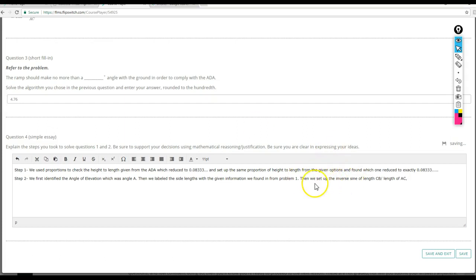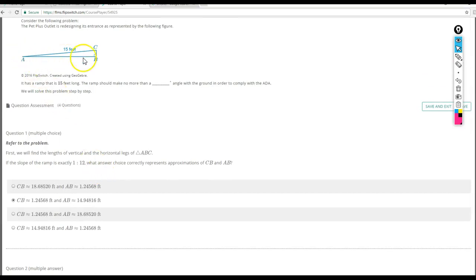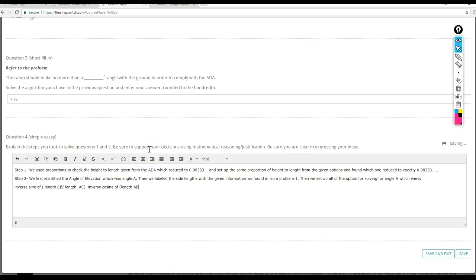Then we set up all of our options for solving for angle A, which were the inverse sine of length CB divided by length AC, and then we set up also the inverse cosine of length AB, our adjacent side, divided by the length of our hypotenuse, which is AC.